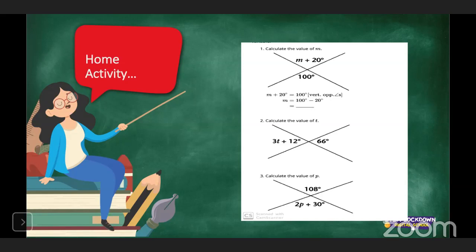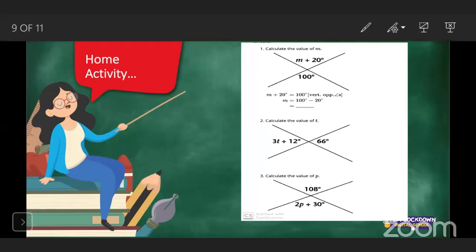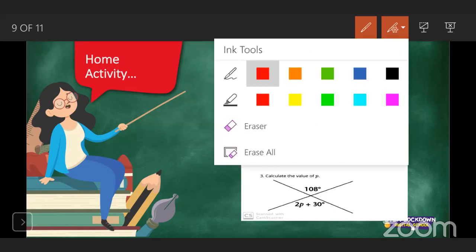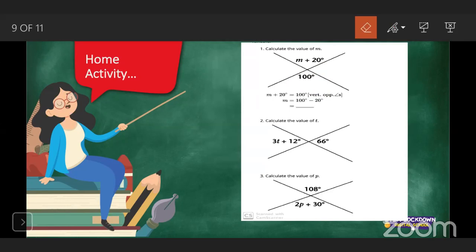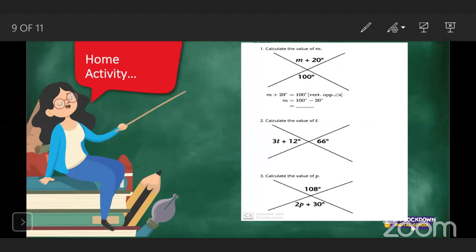So m plus 20 must give us 100 degrees. Why? Because it's vertically opposite to 100 degrees. You can see that they are vertically opposite. So when we add m plus 20, it must give us 100 degrees.